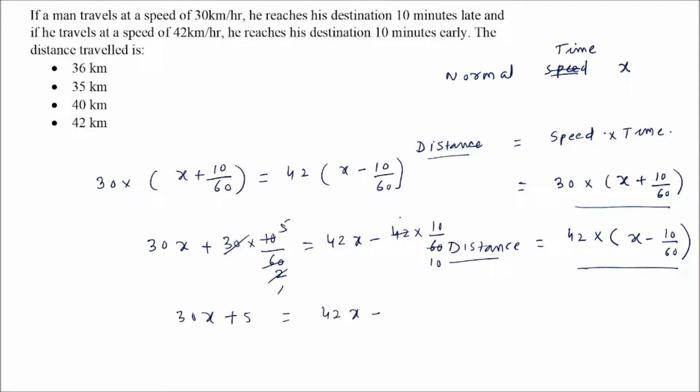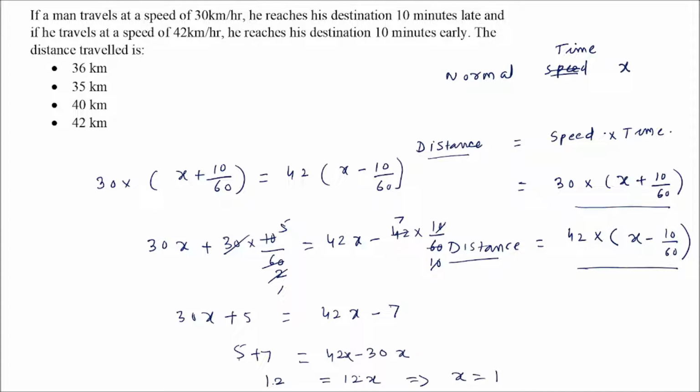So I can write here 5 plus 7 is equal to 42x minus 30x. So 5 plus 7, 12, is equal to 12x. This implies x is equal to 12/12, that means 1.